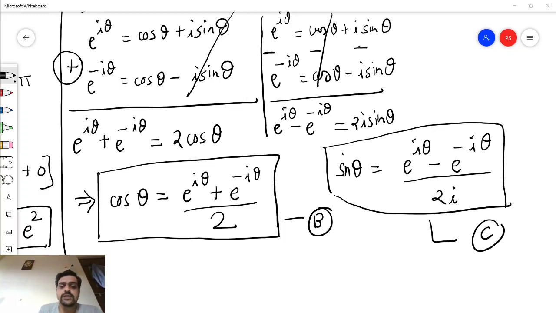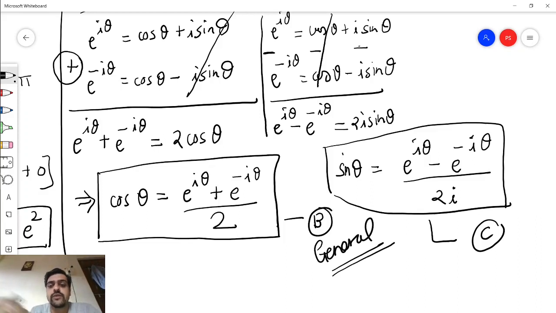Now these two formulae are very much general, so that means that we do not have any restriction on what theta we are going to have, whether it is real or imaginary, it does not matter.